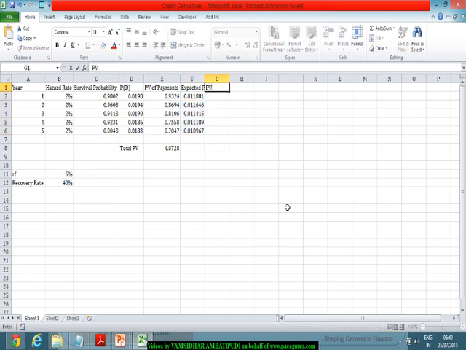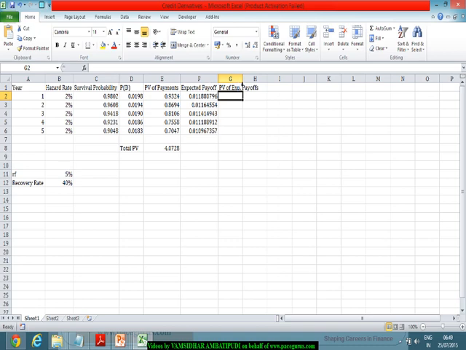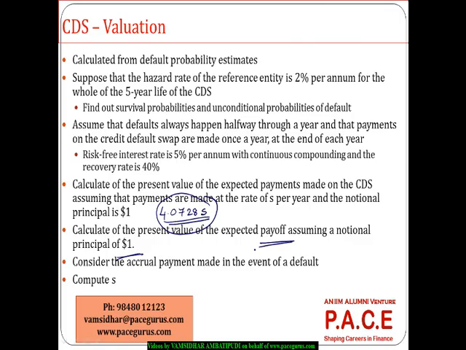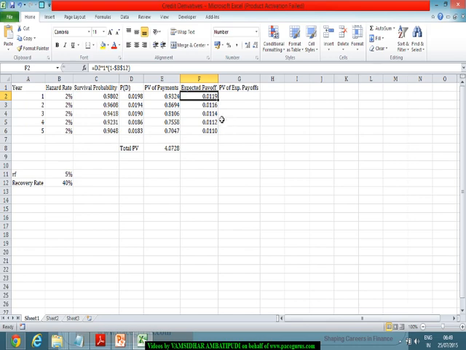Then I need to find out the present value of the expected payoffs. So I have to discount them, but here it's better that I discount them only for half a year, right? Because it is expected that the payoffs are occurring halfway through the year. So the default will happen, or the payoff has to be made, halfway through. So instead of discounting by 1 year, I'll discount it by half a year.